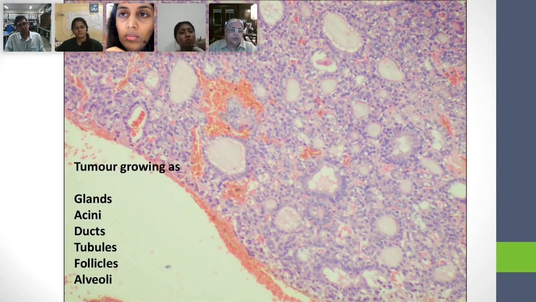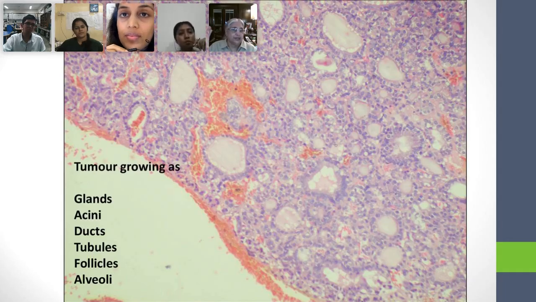Okay. Now, what about ducts? Ducts don't have secretory function. So it's an elongated structure, usually cylindrical.